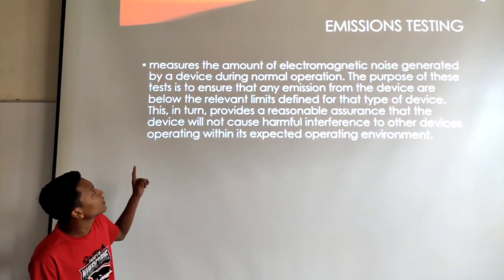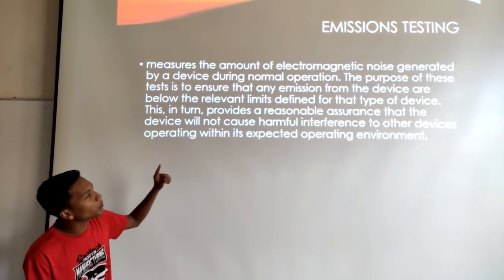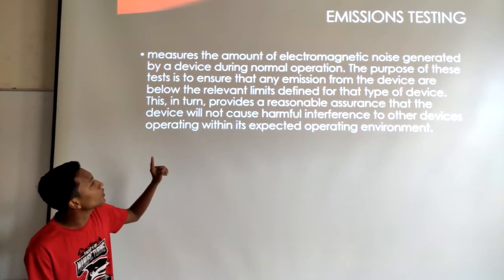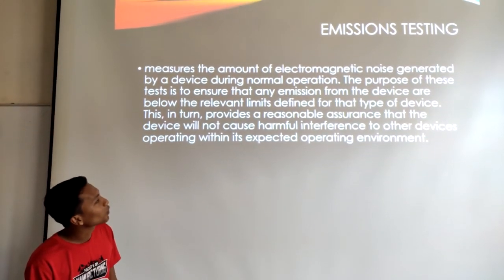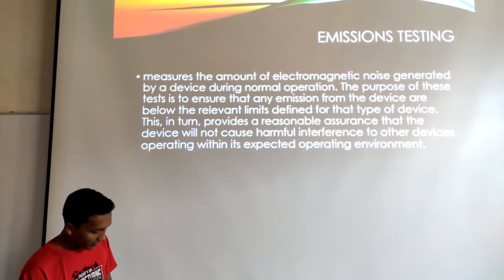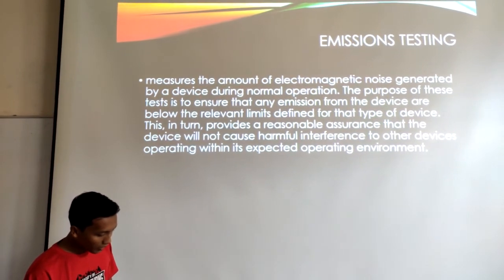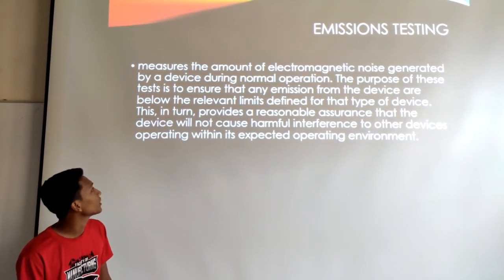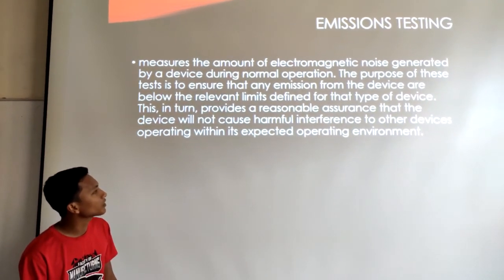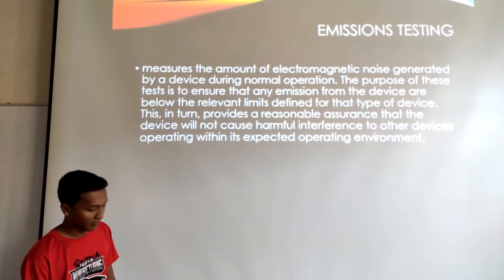The purpose of this test is to ensure that any emission from the device is below the relevant limits defined for that type of device. This in turn provides a reasonable assurance that the device will not cause harmful interference to other devices operating within its expected operating environment.